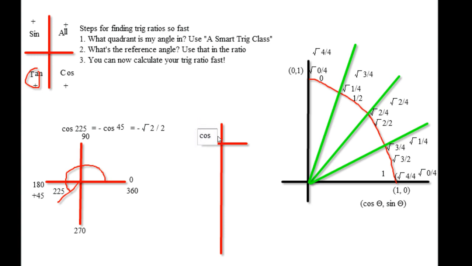So cosine of theta and sine of theta. Okay, and let's say we had theta over here as another value.